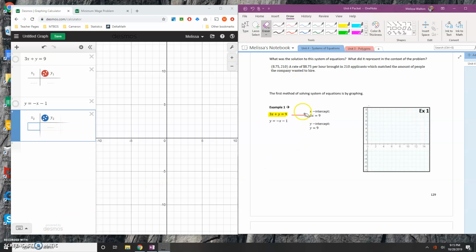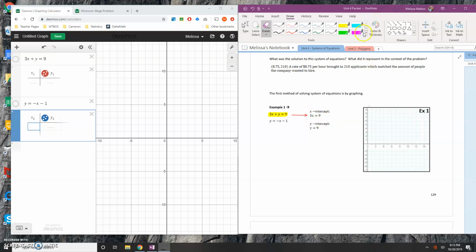So first off, for my first line, I had 3x plus y equals 9. Personally, I love to find intercepts and graph in this method. So if I was looking for the x-intercept, my y would be 0. If I substituted in 0 for y, I'm left with the equation 3x equals 9.